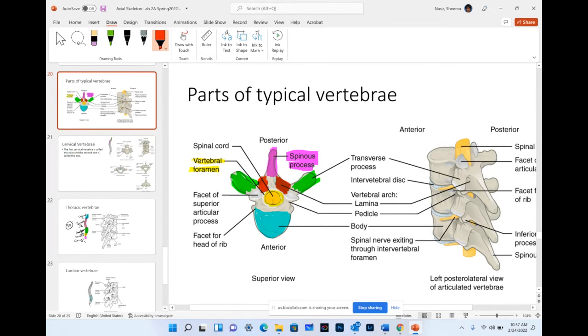On either side, that is going to join this side and this side, and is going to join together and make the spinous process. So this right here, the part that I'm showing you, this is your lamina. Lamina on both sides come together and makes your spinous process.